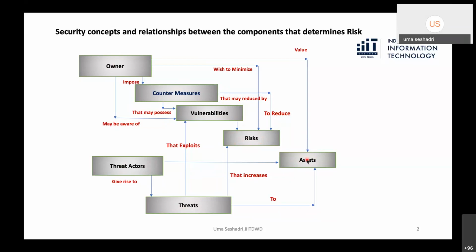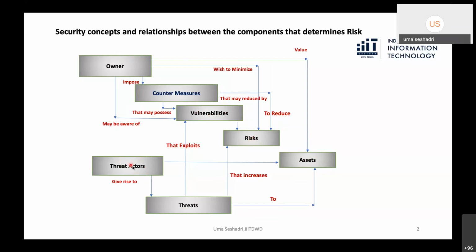So what we have to take away from this slide is that the owner cannot avoid these threat actors because he may have some vulnerabilities in the system. Now these threat actors are always watching that. How do they watch? Because they know these weaknesses have risk. These risks they always try to exploit.